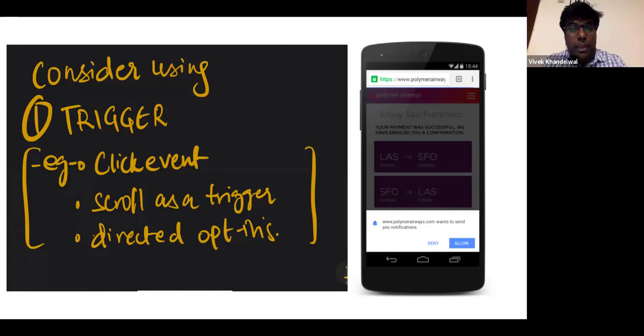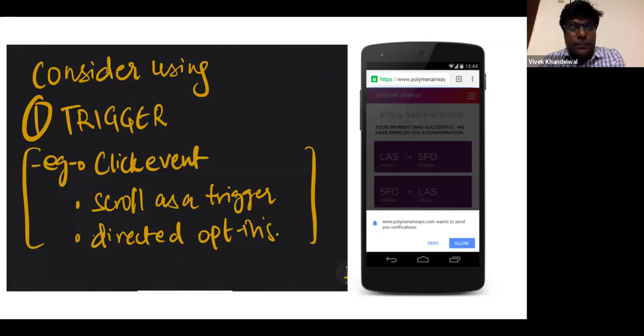That's number one. If you cannot do that, or if you think that's too much cognitive load for your audience, you can use scroll percentage as a trigger for your website. Depending upon the percentage the user has scrolled, you can set it up as a trigger and then trigger the notification prompt.